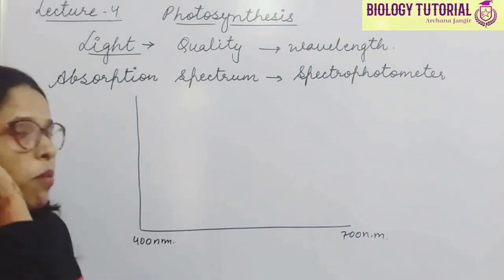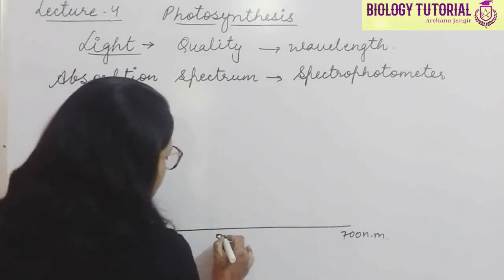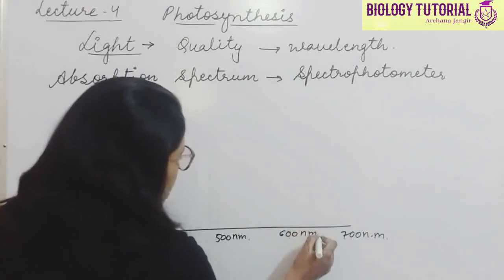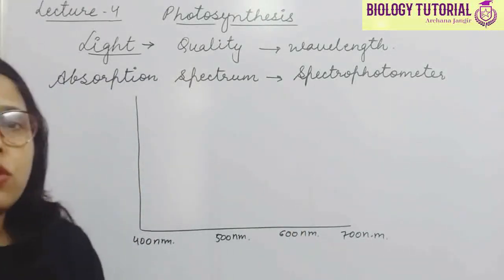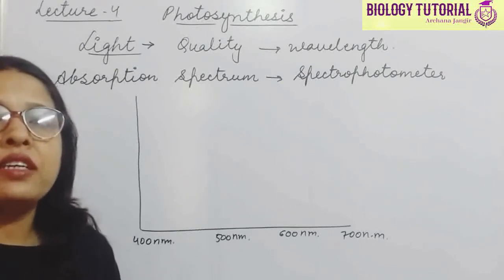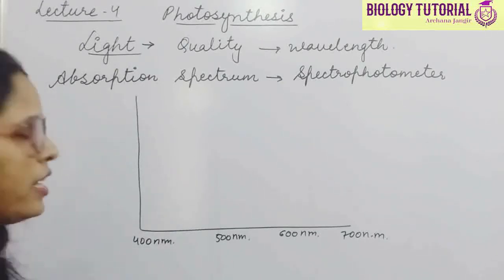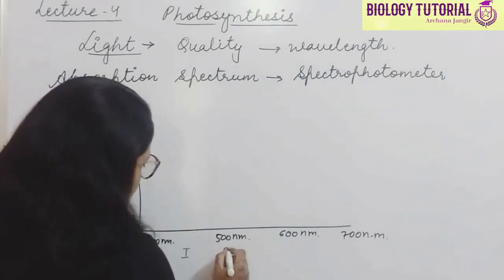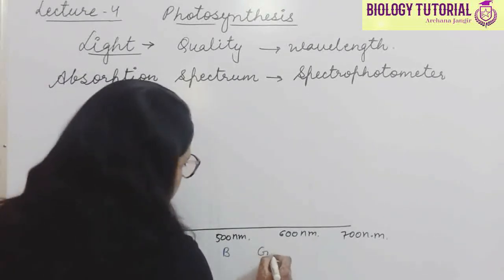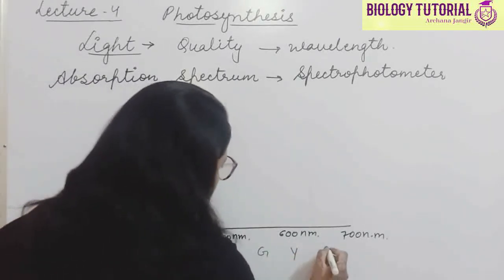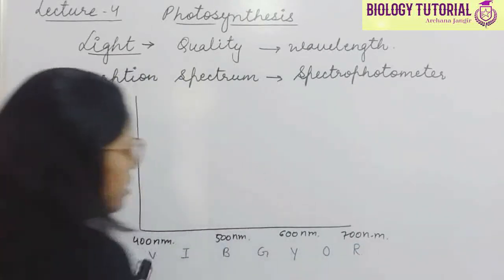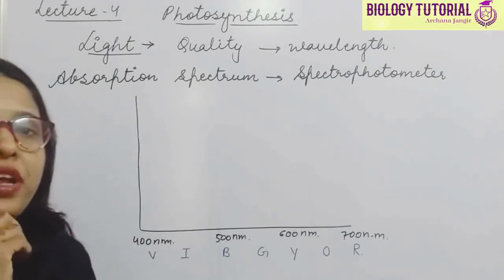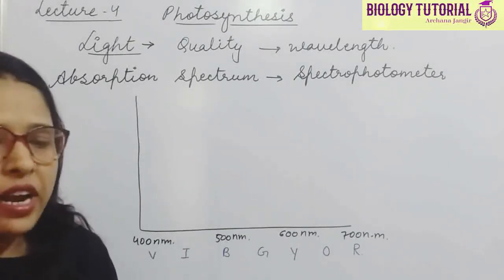The wavelengths obtained here are 500 nanometer, 600 nanometer. Clear? Now, the colors present in the spectrum of white light are violet, indigo, blue, green, yellow, orange and red. That is VIBGYOR. Clear? So these are the 7 colors present in the spectrum of white light.